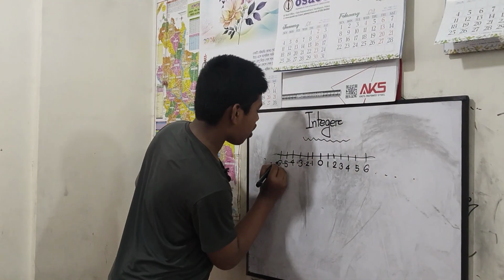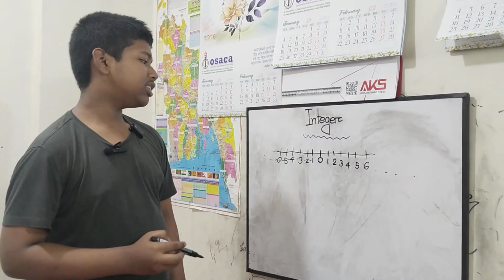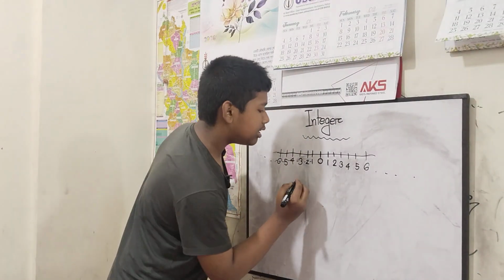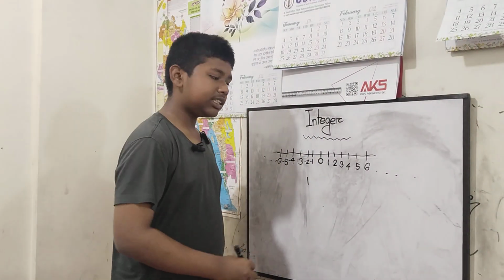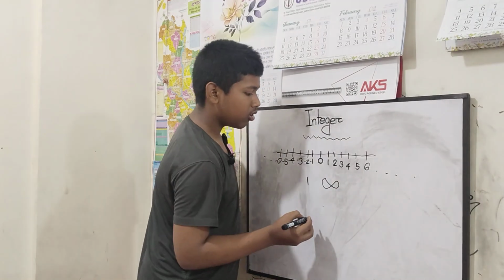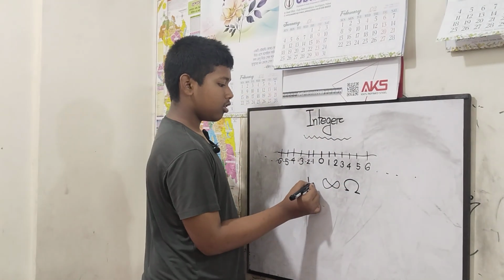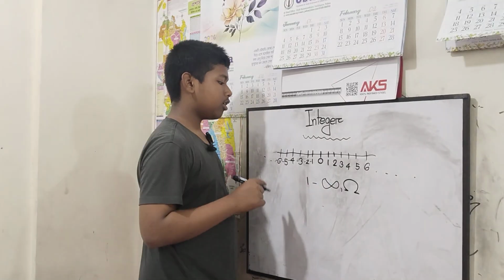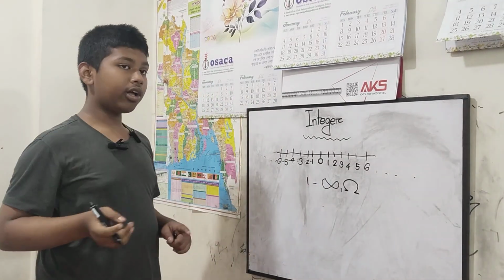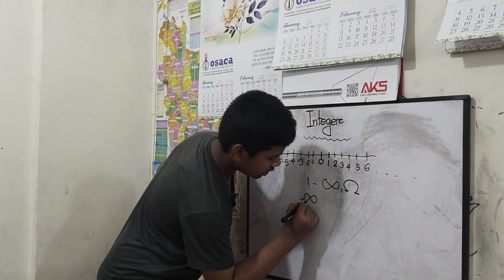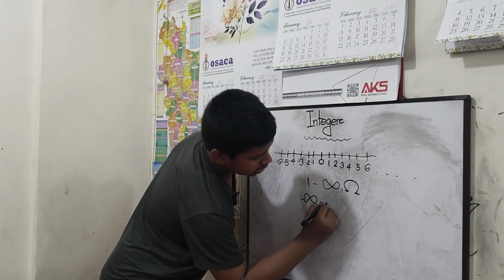These are the direct opposite. On the right side, the smallest number is 1 and the biggest is just infinity. On this side, the smallest thing is negative infinity. There we go.